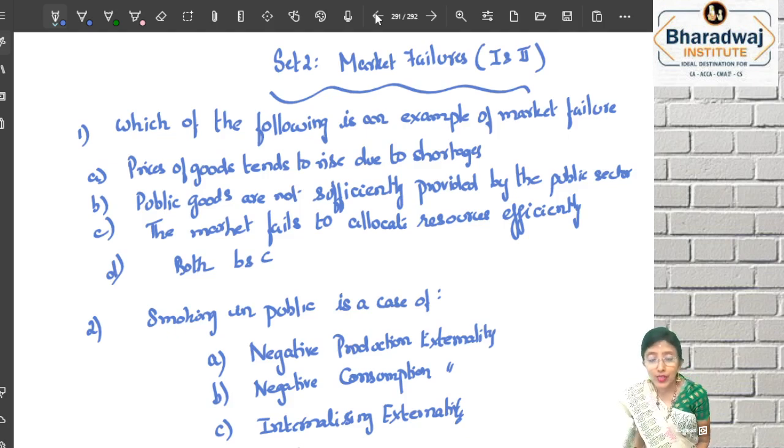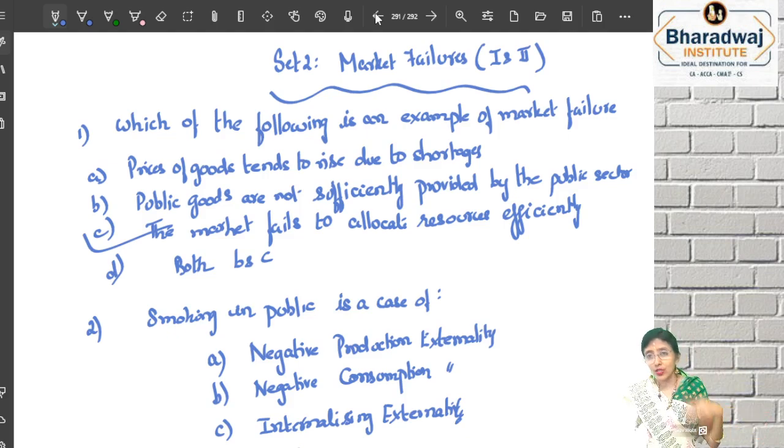The market fails to allocate resources efficiently. Now, there will always be confusion between these two. Stick to this. If public goods are not sufficiently provided by the public sector, it is not going to voluntarily get involved.